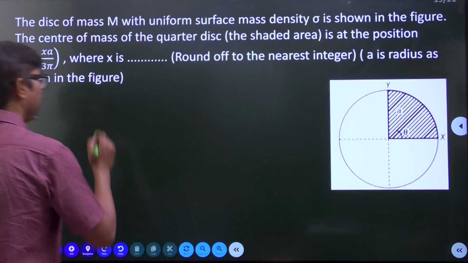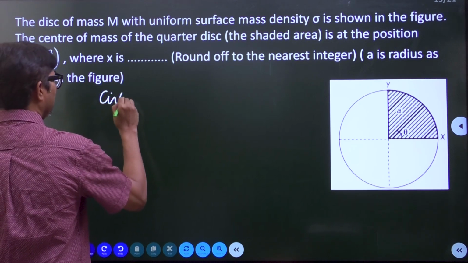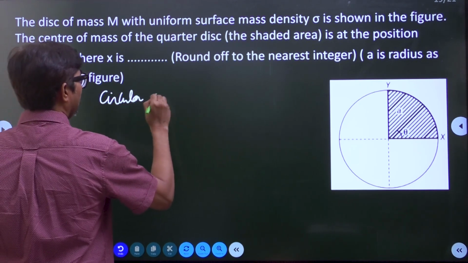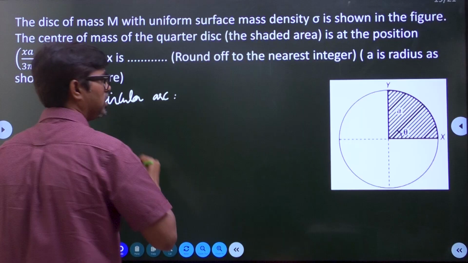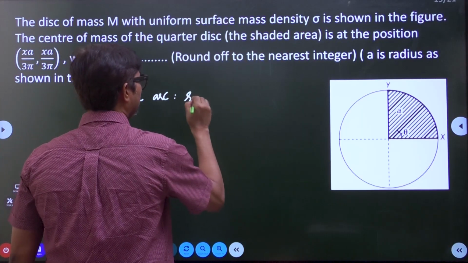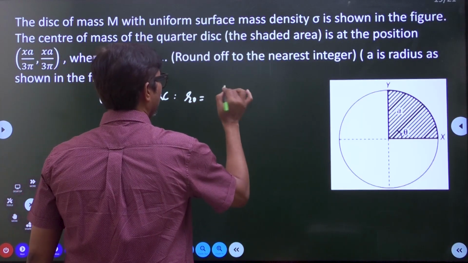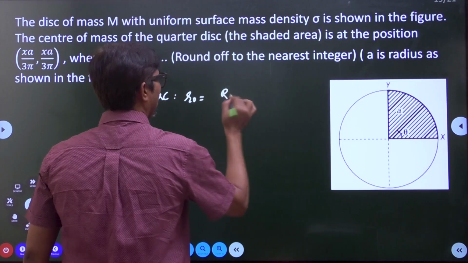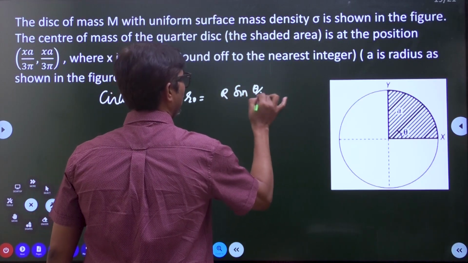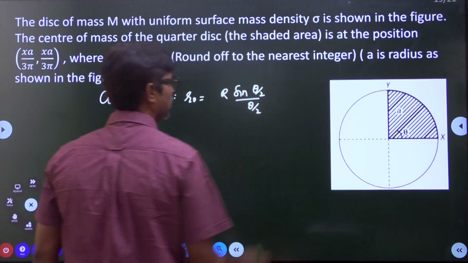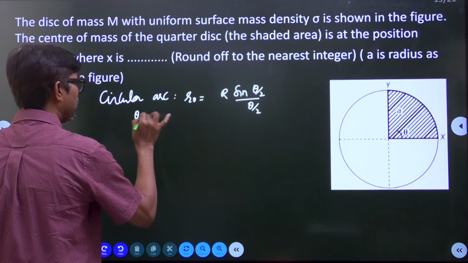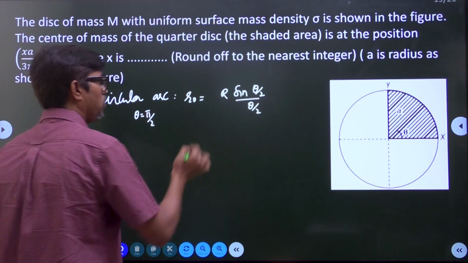It is a direct formula. If you have a circular arc, then the distance of center of mass from the center, let's call it r naught, would be R sine(theta by 2) divided by (theta by 2). Here theta equals pi by 2, a quarter circle. So how much do I get?